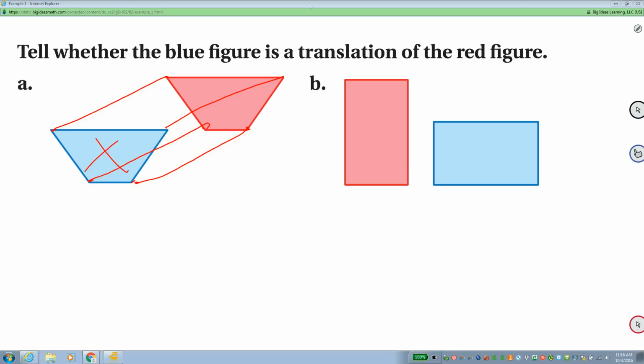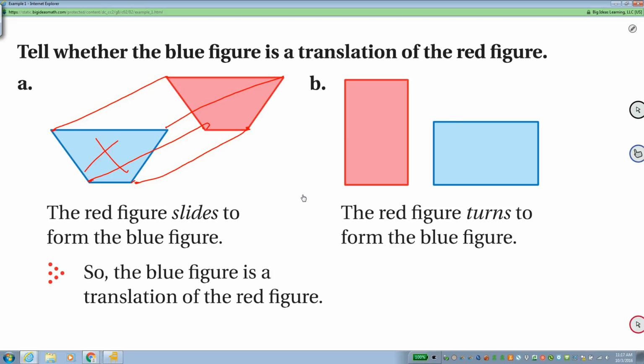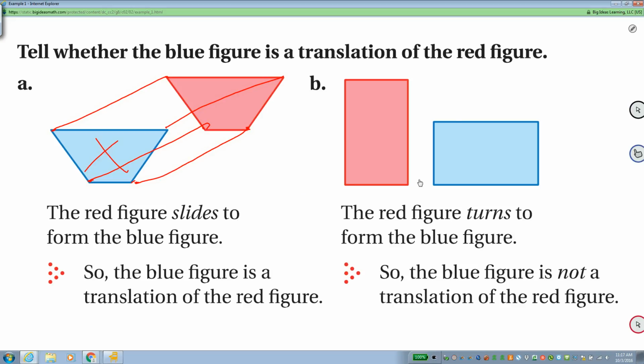That original image is just moved one way or the other to push it to a different area. In this case, it is flipped down. This would actually be a type of rotation when we get into it. So it's still a certain type of transformation. So in this case, figure A, that is a translation. It just slid that figure, and figure B is not.